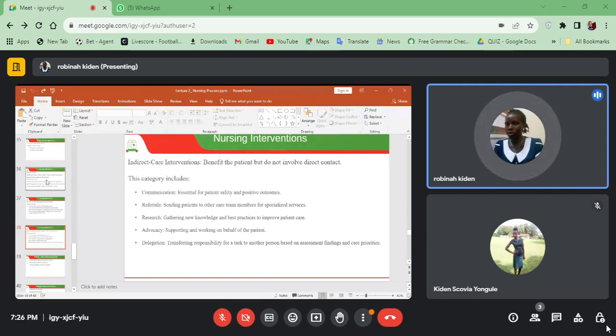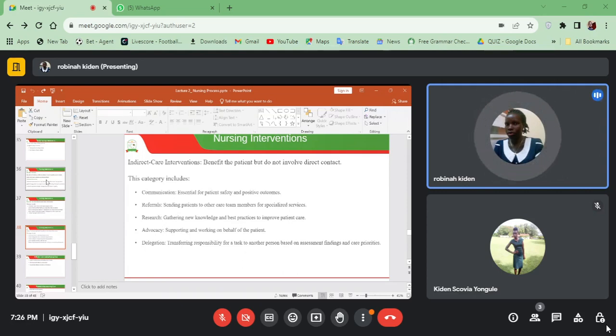Then research, gathering of new information and best practices to inform patient care. And this is now becoming part of nursing because all nurses are supposed to be involved in research in order to improve their knowledge. Then advocacy, supporting and working on behalf of the patient. Then delegation, transferring responsibility for a task to another person based on assessment findings and care priorities.